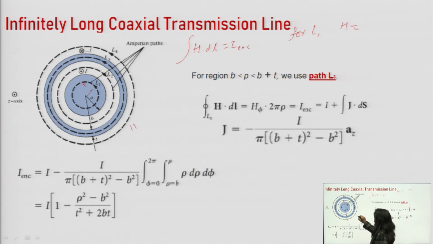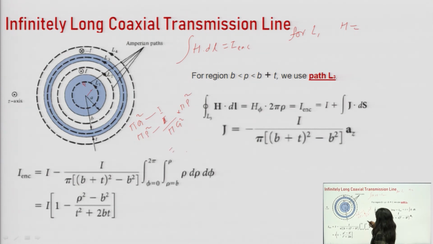Total pi a square area has current I, so this pi rho square area will contain how much current? It will contain I by pi a square multiplied by pi rho square.